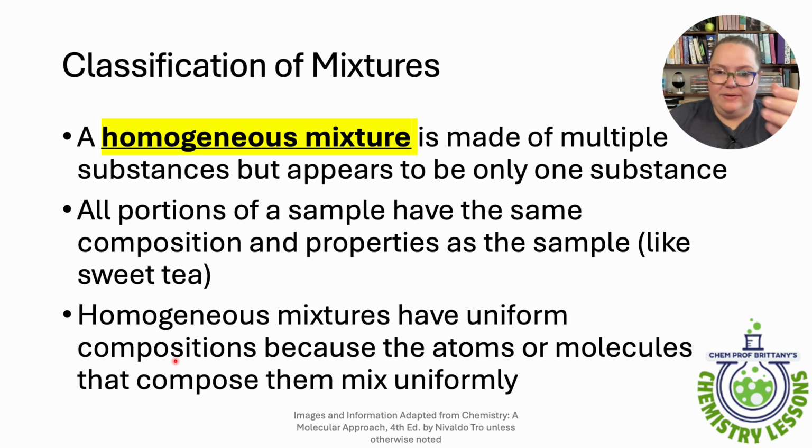If I have a cup of sand and water and I scoop off the top, I'm going to get probably 100% water. But if I go scoop from the bottom of the cup, I'm going to get mostly sand, but it's wet sand, so we know there's water there, right? That is not the case with a homogeneous mixture. Wherever I scoop from is going to be the same, no matter where it is.